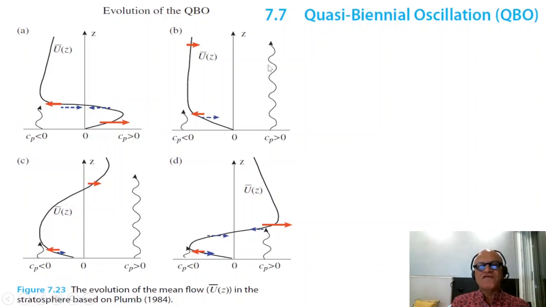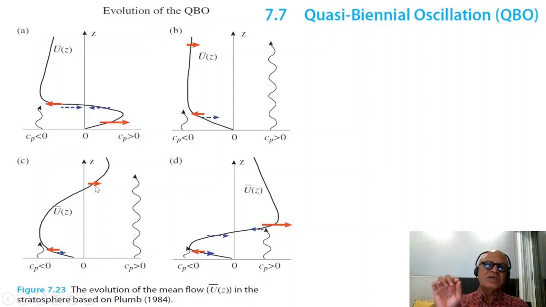So now you have no barrier for phase propagation in the vertical here. So you have clear vertical propagation with altitude, whereas here you still have inhibited vertical propagation. So the next phase, continued energy transfer because of this, is going to give you again change in the mean flow.